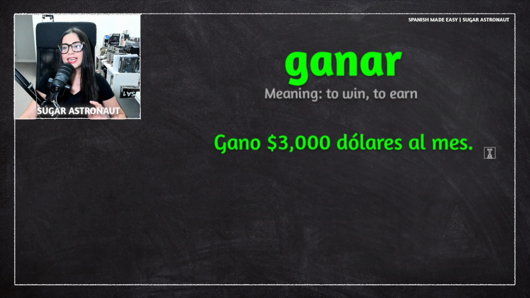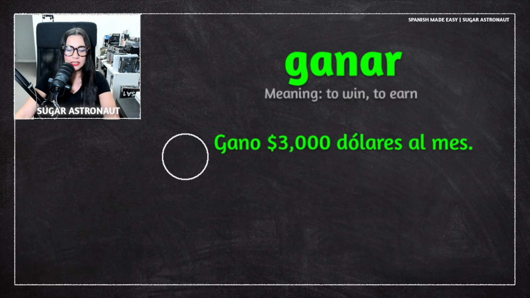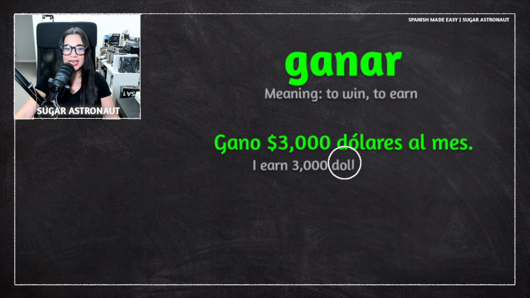Okay? Gano $3,000 al mes. It seems that we're talking about money. So let's look at the translation. I earn $3,000 a month.